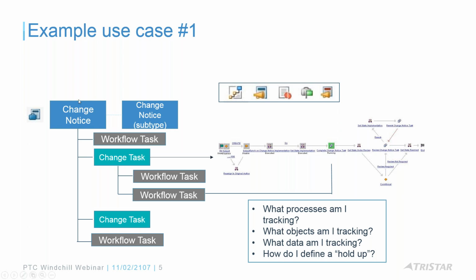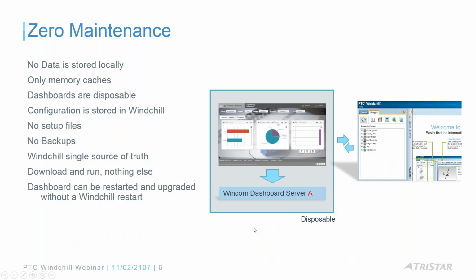Either the actual change, the problem report, the non-conformance, the corrective action, preventative action, the engineering change itself, the change request, and the specific tasks that are coming from those objects, whether they're workflow tasks or actual change tasks, electronic form change tasks. So I'm going to go through and show how that data can be shown within a dashboard portal.